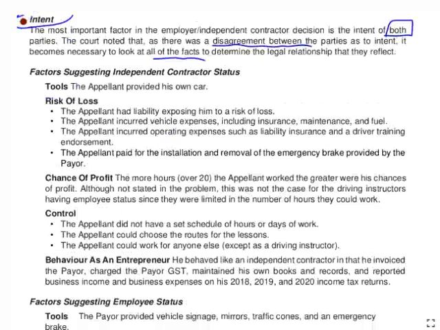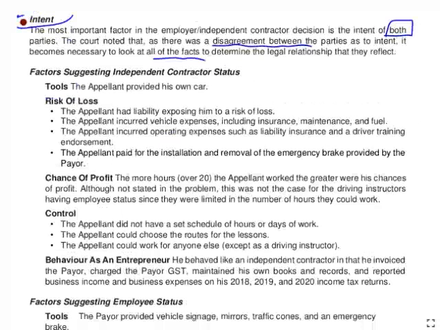The worker here was also incurring vehicle expenses, insurance, maintenance, fuel. So when you're incurring those expenses, it is possible that your expenses could exceed your income. There would be fixed costs of owning the vehicle as well. We have these other expenses like liability insurance, driver training endorsement. Also, the worker paid for the installation and removal of the emergency brake.